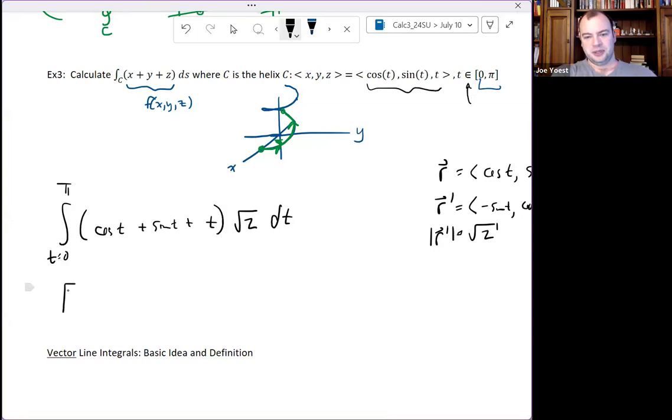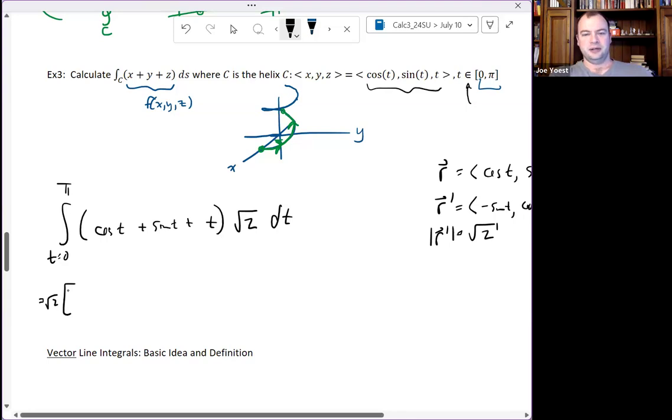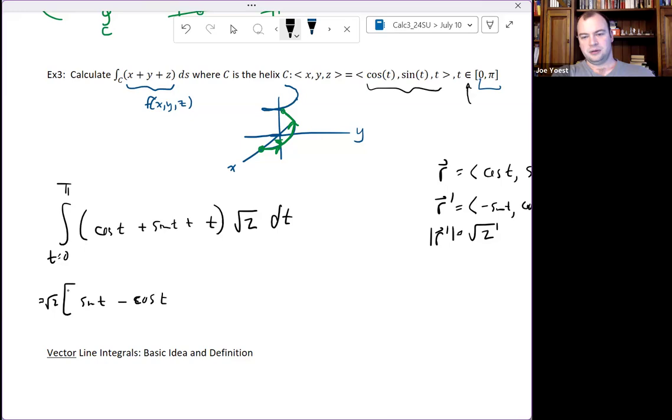This gives me a root 2 in front, and then integrating: cos t to sin t, sin t to minus cos t, and t to 1/2 t squared, from 0 to pi. So this gives me root 2 times: sine of pi is 0, minus cos of pi. Cos of pi is -1, so that's a +1, plus pi squared over 2.